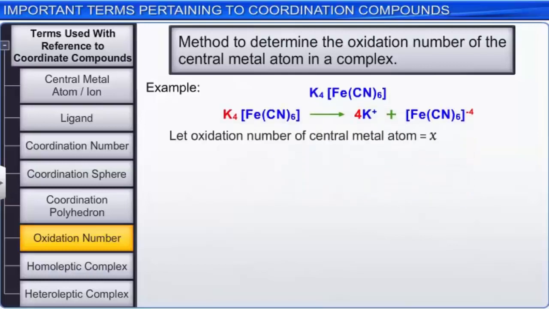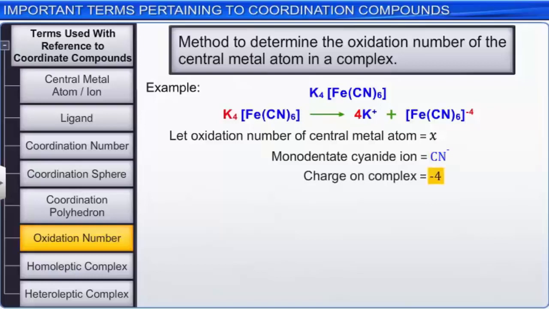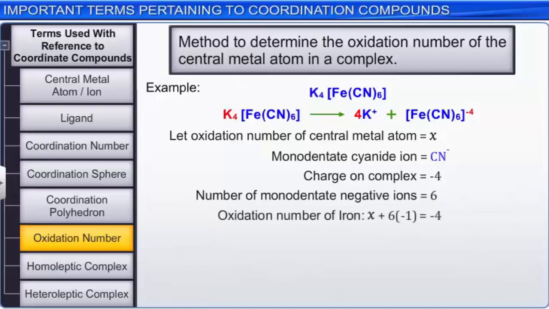The cyanide ion is a monodentate negative ion. Knowing that the complex carries a charge of minus 4 and has 6 monodentate negative ions, the oxidation number of iron can be determined as x plus 6 multiplied by minus 1, which is equal to minus 4. On simplification, we get x equal to plus 2. Thus, the oxidation state of iron in the given complex is plus 2.